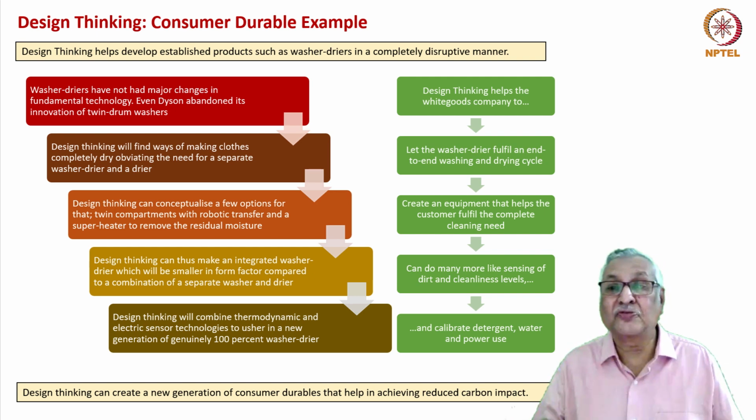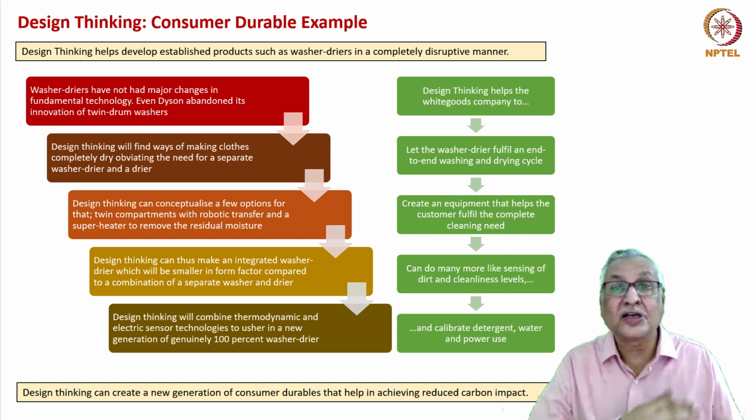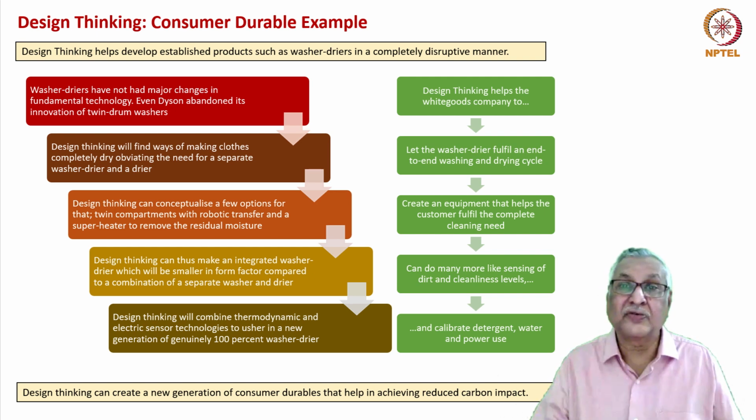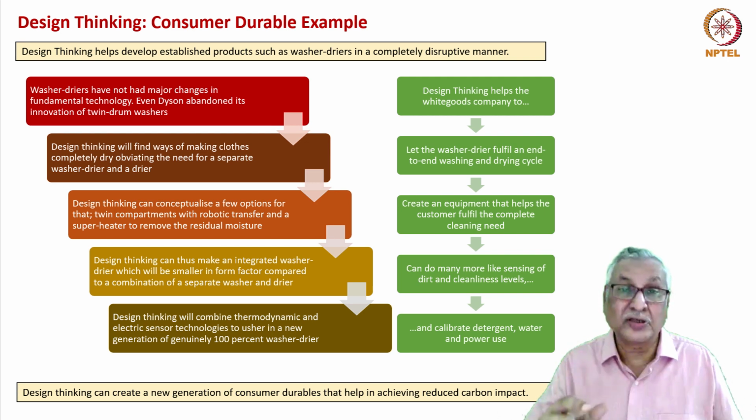What happens to the white goods company because of such design thinking? It lets the washer dryer fulfill an end to end washing and drying cycle, creates an equipment that helps the customer fulfill the complete cleaning need, and can do many more things like sensing of dirt and cleanliness levels, calibration of the detergent, use of artificial intelligence leading to better mixing of clothes, and warning whether these kinds of clothes can be combined or not combined.